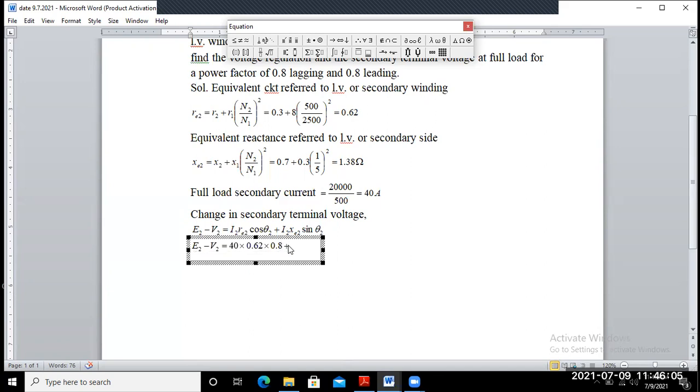I2 is again 40 ampere, XE2 equal to 1.38 ohm, into sin theta 2, which is 0.6.